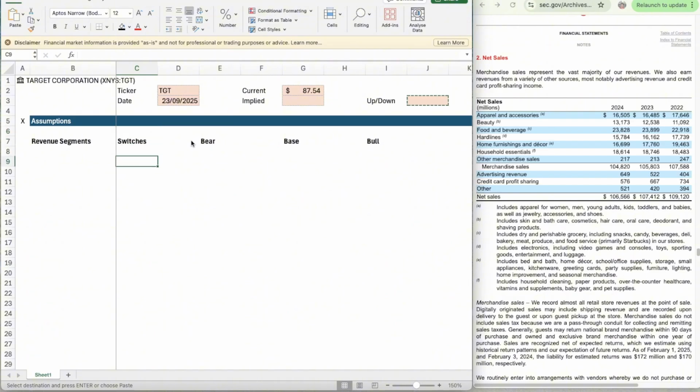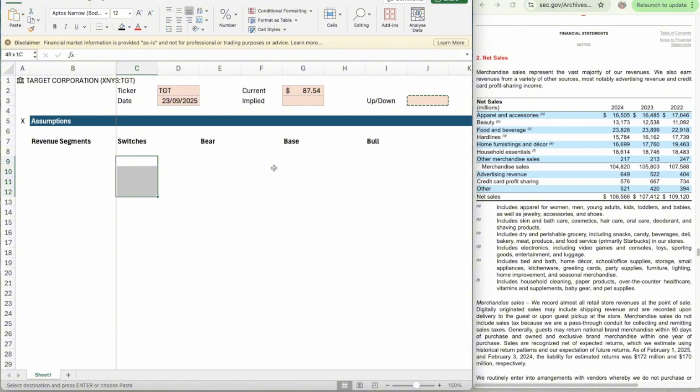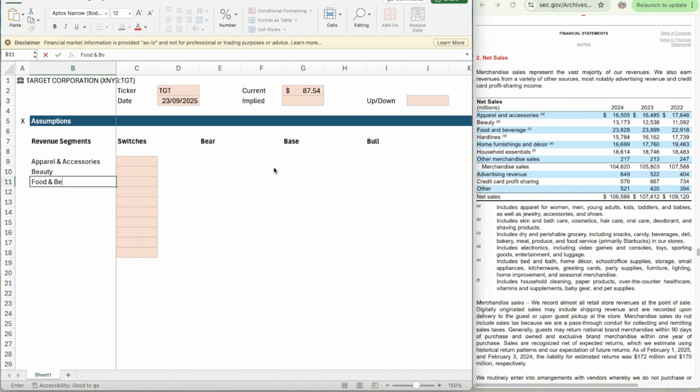How many do we need? So 1, 2, 3, 6, 7, 8, 9, 10. Beauty, food and beverage.